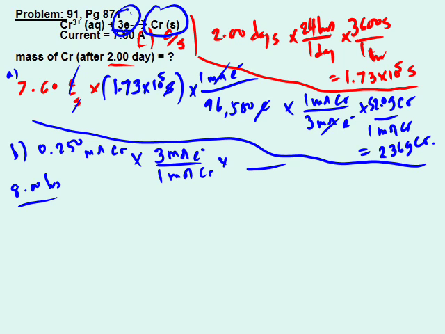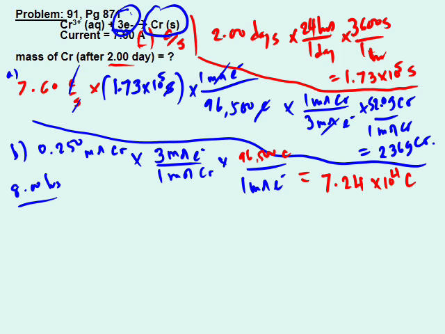So 1 mole of electron, now let's use a different pen, 96,500 coulomb would be there. Now that gives me, let's write down the value now, 7.24 times 10 to the power 4.